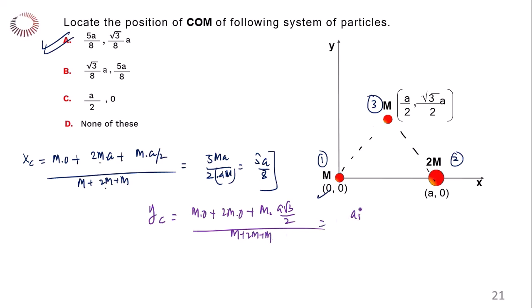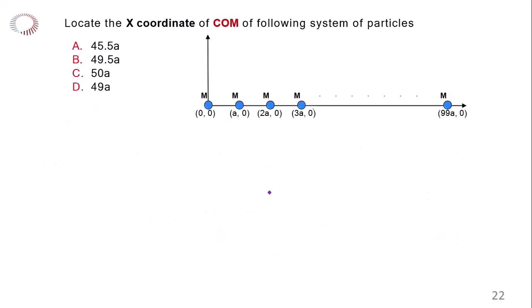Ultimately I am getting a root 3 by 2 divided by 4. That means a root 3 by 8. So that is the y coordinate. So option number A is the correct one. Okay. So every time you have to identify how many particles are there, then you apply the formula m1x1 plus m2x2 and so on for each and every coordinate. Similarly, I can get the x coordinate, y coordinate, and z coordinate of the particles in a 3-dimensional system.